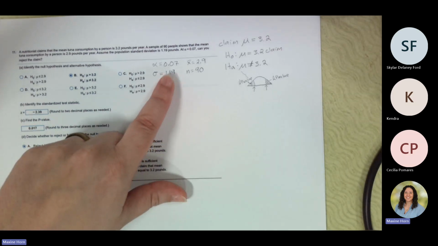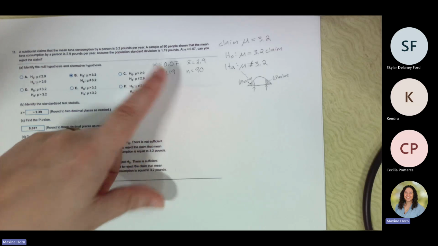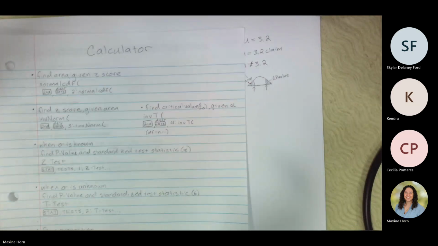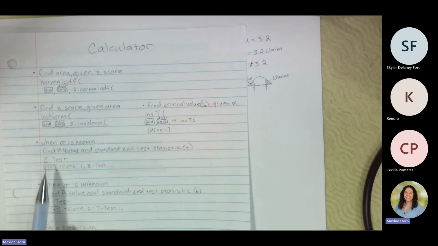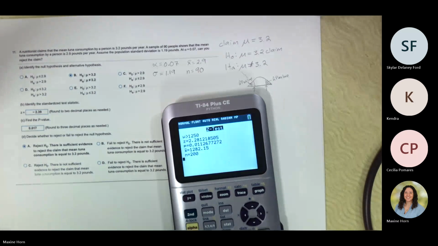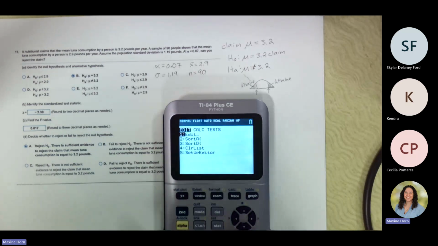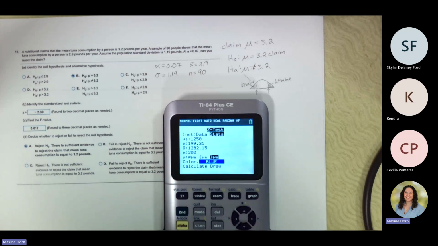All right, so let's go ahead and plug this into the calculator. Again, we were given our population standard deviation, which means it's known, so we're going to do a z-test. We go to stat, tests, and the first option, z-test. We're going to do stats.